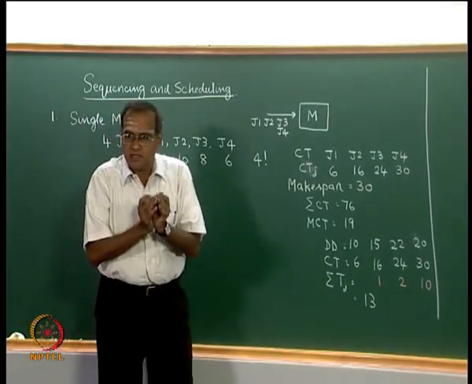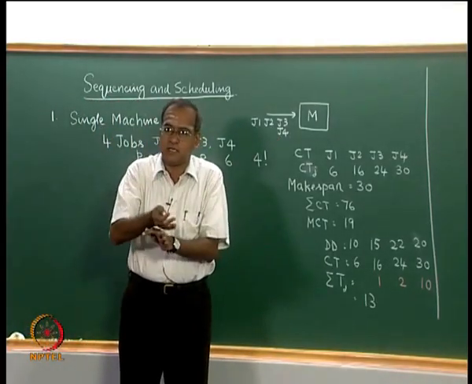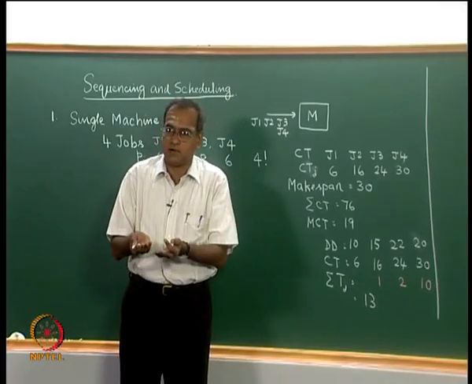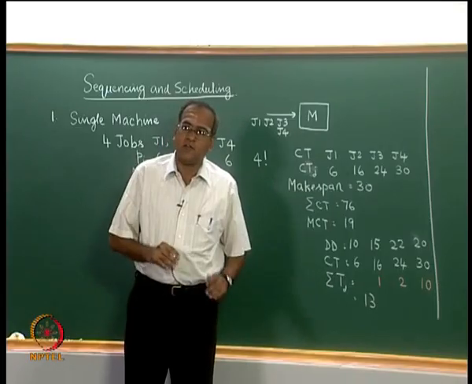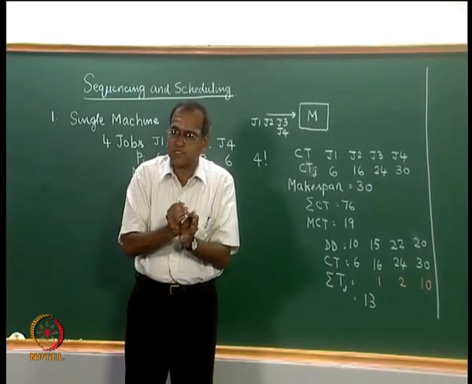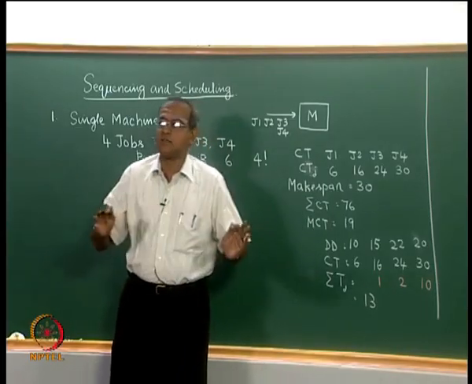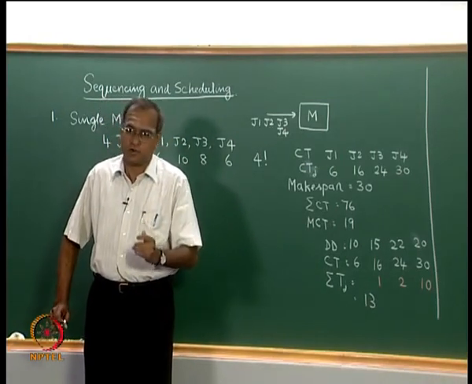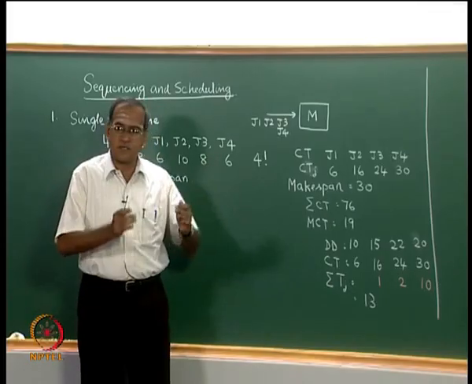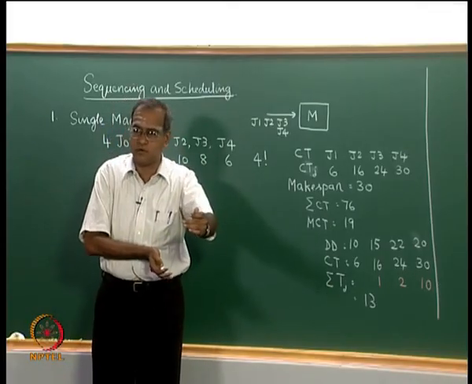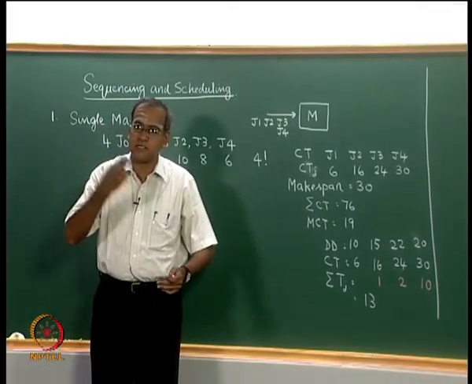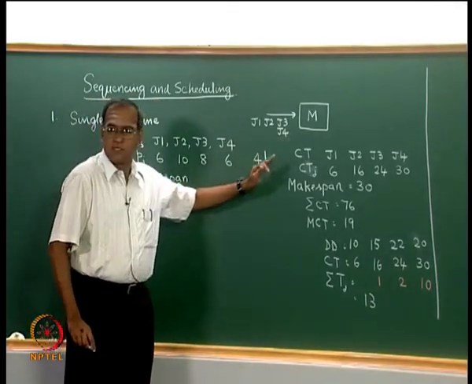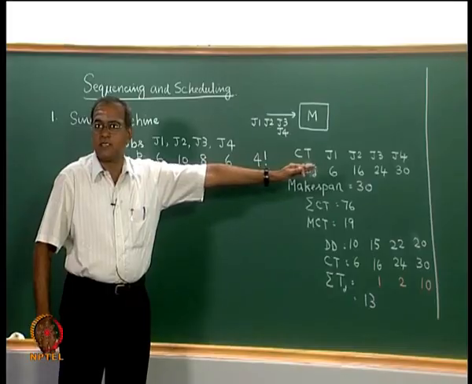In fact, the assumption that the machine will not be kept idle when there is a job waiting in front of it actually helps the makespan. If we are looking at makespan as the objective, then it does not make sense to keep the machine idle when there are jobs waiting in front of it. All the jobs are available at time equal to 0, so the machine starts processing one job after another, and in whatever order we send these jobs, the total makespan is going to be 30.